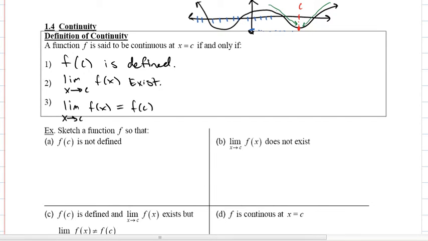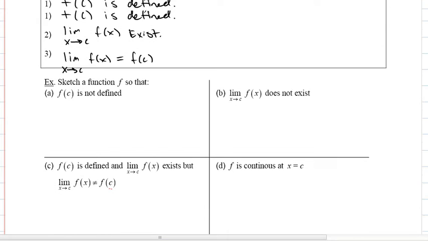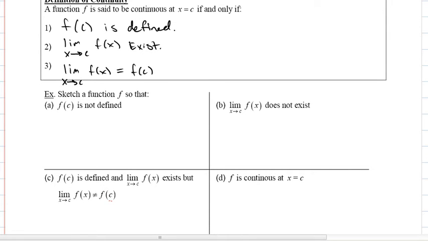Okay? So to better understand this, we're going to go ahead and see some counterexamples of continuous functions. So letter A says sketch a function f so that f of c is not defined. And if you pay attention very closely, this looks a lot like the first condition. It looks like the counterexample of the first condition of continuity.